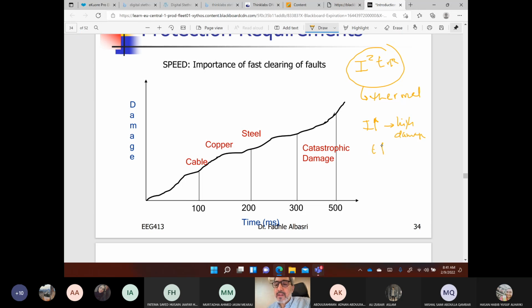Also, if we wait a longer time, the more heat is generated, that thermal heat, and that also creates higher damage. So we want to take fast action so that the thermal let-through energy is reduced, and thus we reduce the damage.